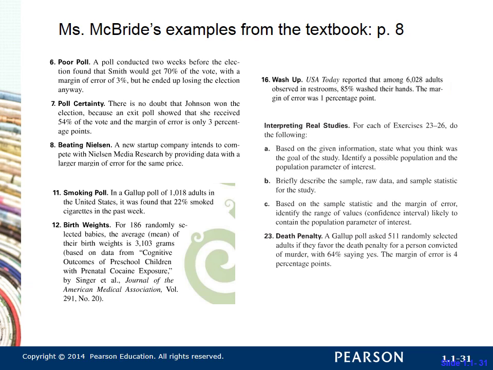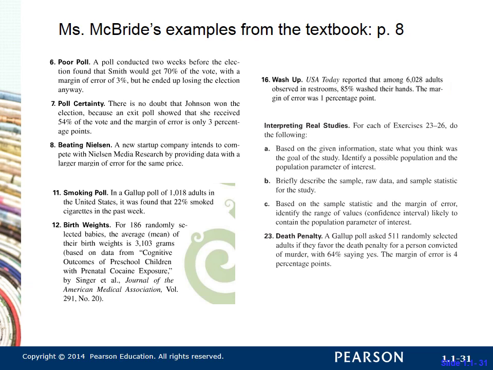Based on the sample statistic, the range of values would be 64% plus 4 and 64% minus 4. So that would be 60 to 68%. So we could say the population parameter of those people who favor the death penalty for a person convicted of murder would be between 60 and 68%.